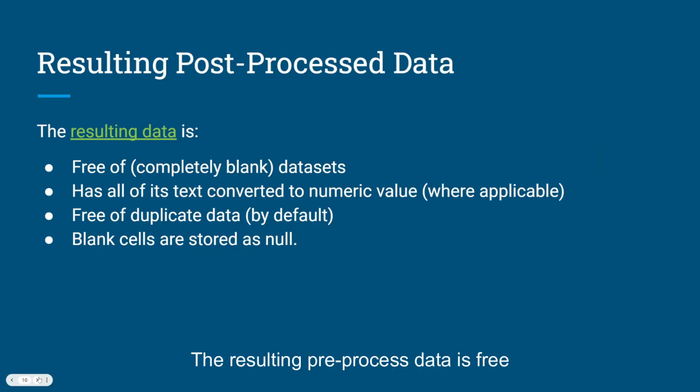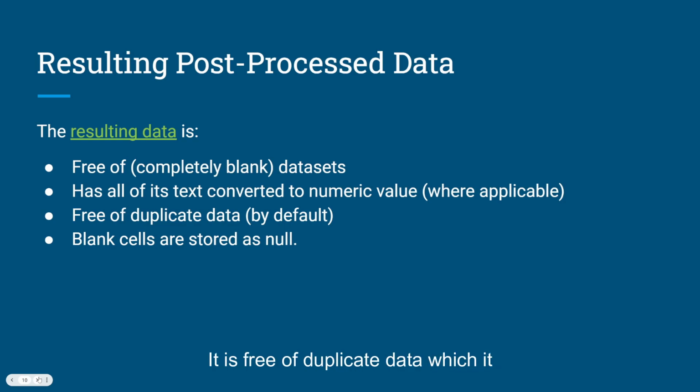The resulting pre-processed data is almost completely free of blank data sets. There still are a few blank values left in there, but the majority of them are gone. The ones that were completely empty, at least, were gone. It has its text converted into a numeric value where it's applicable.